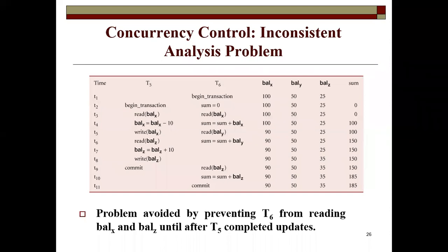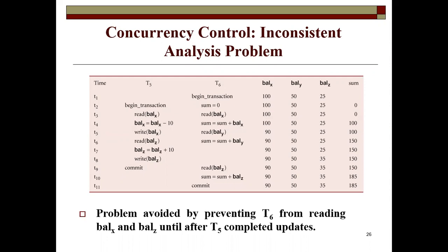Then at time T10, we are saying that the sum, which was previously 150, we are adding the balance of Z, which is 35. Then at time T11, we commit transaction T6.